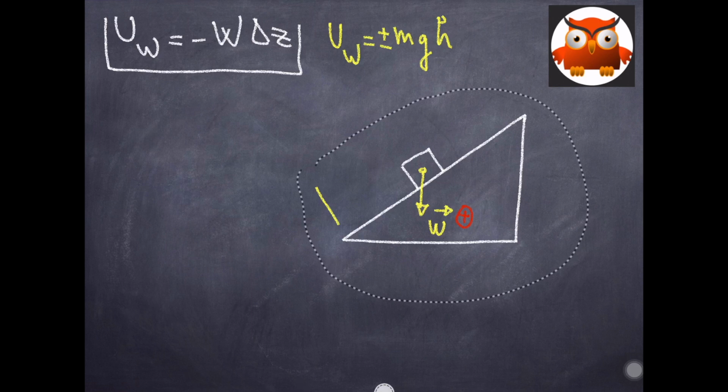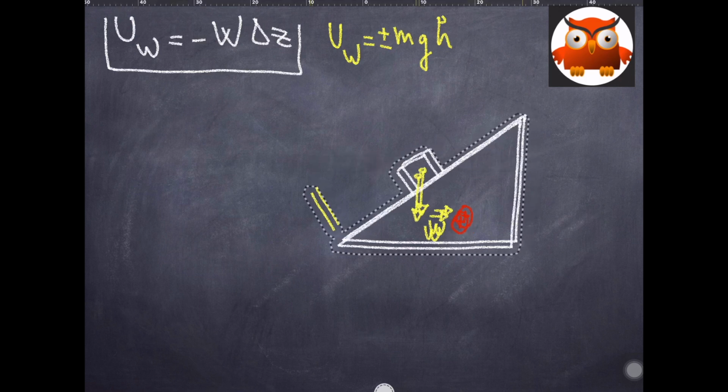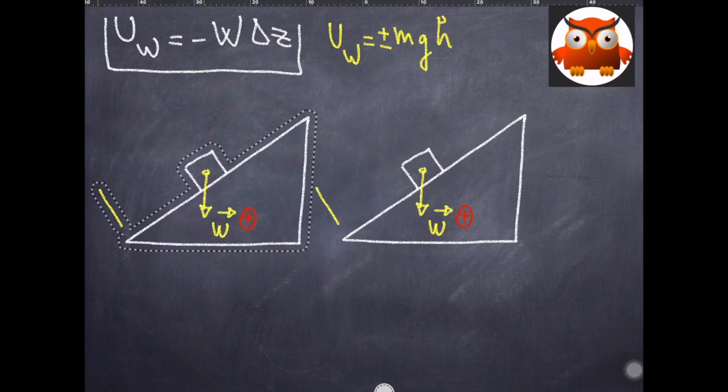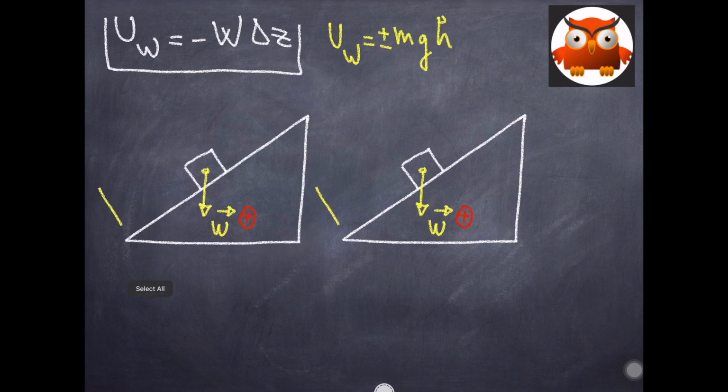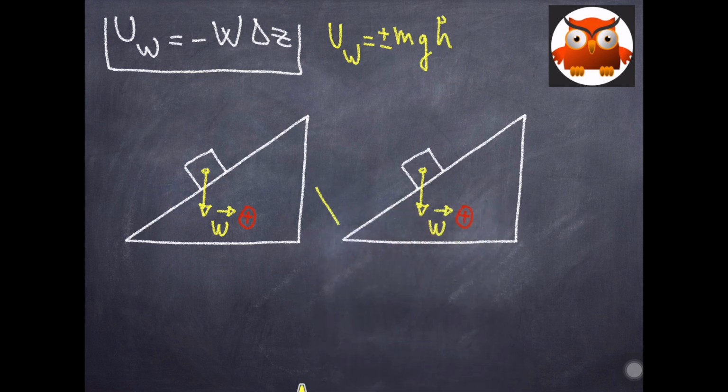Now imagine the other case, when you apply an external force, and that external force is intended to push the particle upward. Then in this case you expect that the weight will not do positive work.